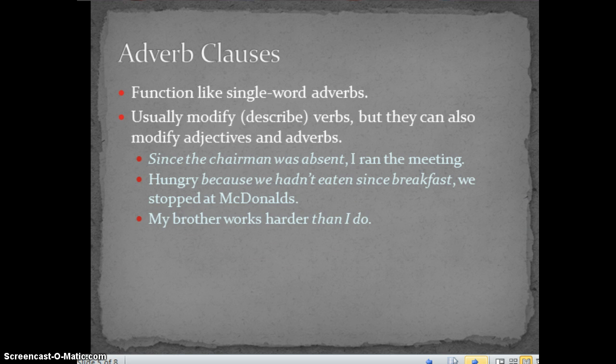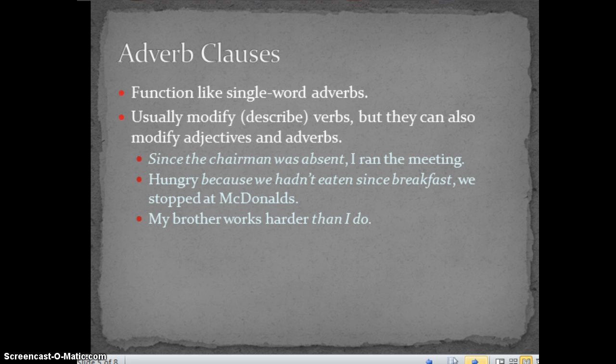Okay, an adverb clause functions just like an adverb. It modifies verbs, and it can also modify adjectives and adverbs. Now, in your three examples, the italicized phrases are dependent, but since they begin with a subordinating conjunction, it lets us know that we have an adverb clause.